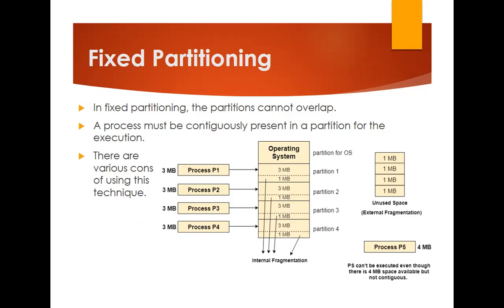Okay. So the empty space of each partition is called internal fragmentation. And external fragmentation is the total unused space. In each partition, we have 1 megabyte of empty space. So external fragmentation will be what? 4 megabytes. Let me give an example.